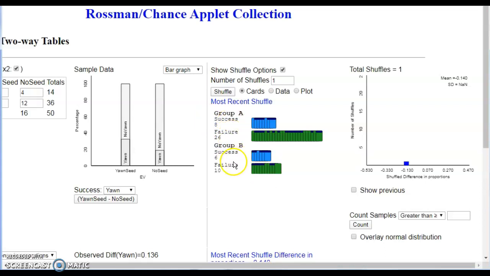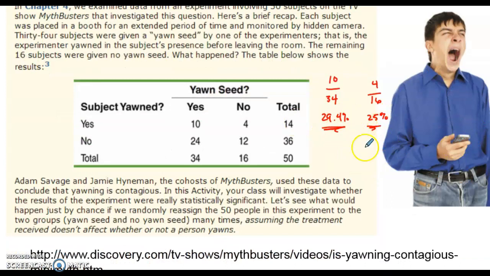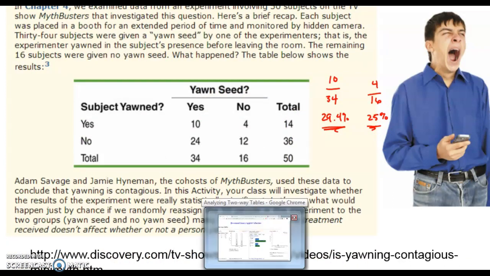In group B, those that did not receive a yawn seed, 6 of them were yawners and 10 were not. If you subtract those, you get a difference of negative 13%. Now here, there was a difference of about 4.4%. So you can see we got a lower difference.